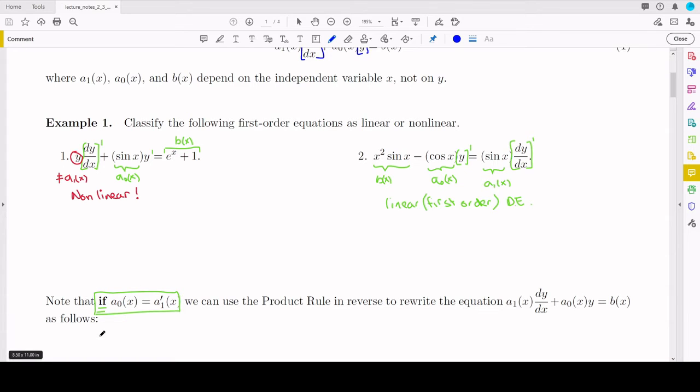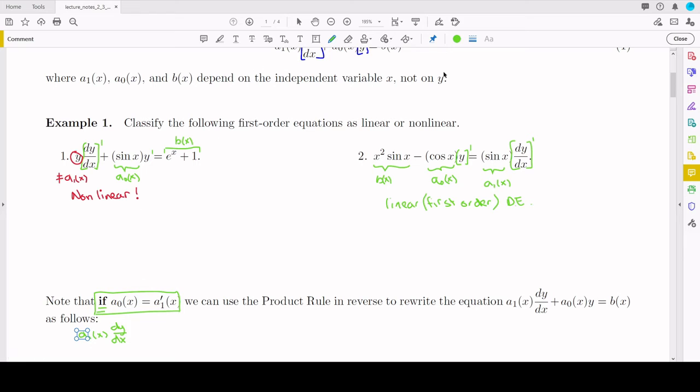I have a1 of x times dy/dx. And then normally I have plus a naught of x, but I'm going to replace that by a1 prime.